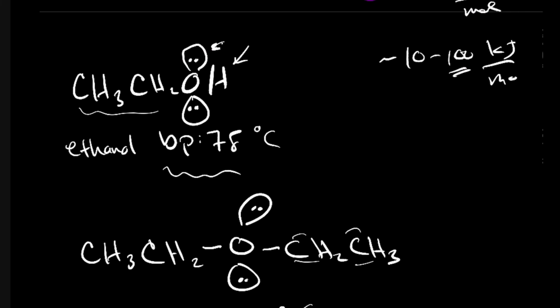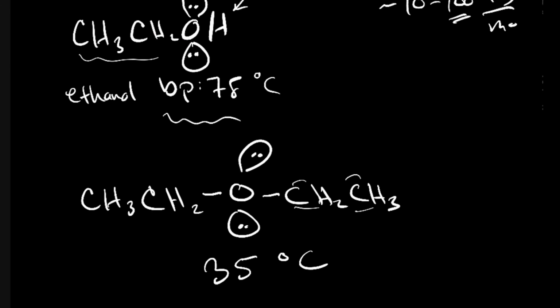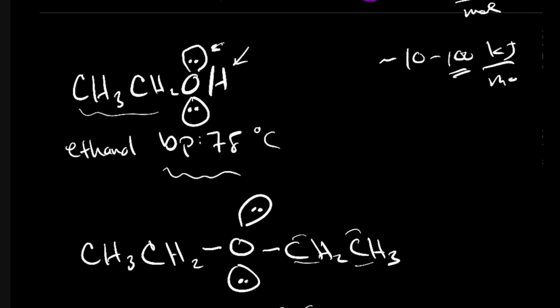So, okay. If you imagine a molecule of roughly the same size, so this is diethyl ether. What about dimethyl ether? Dimethyl ether is roughly the same size as ethanol.